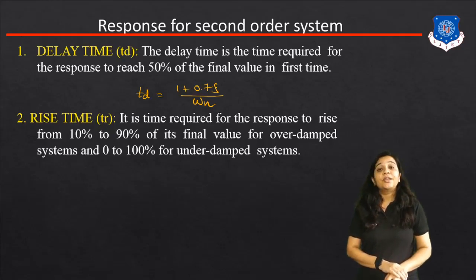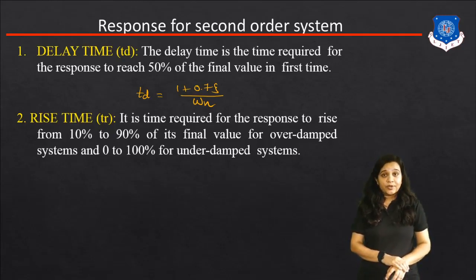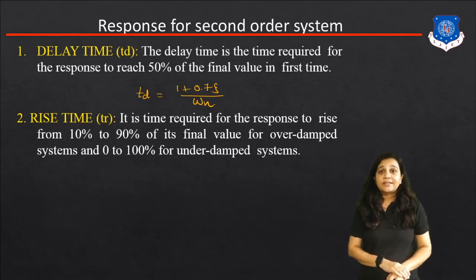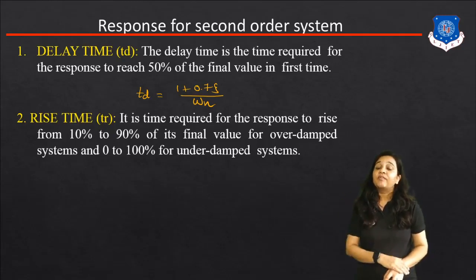We studied that in the last session: when we put different values of zeta, we get different responses. We can take 4 cases where zeta is equal to 0 or between 0 and 1. We can get the critically damped system, undamped system, overdamped system, and underdamped system.